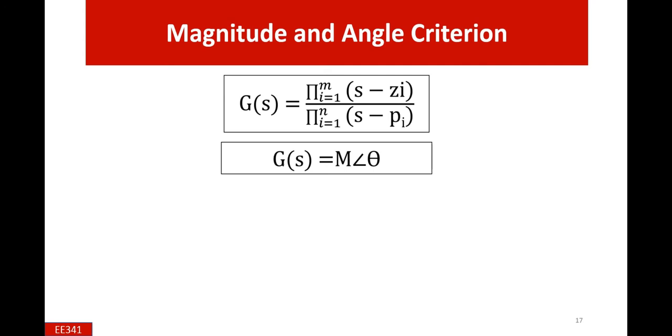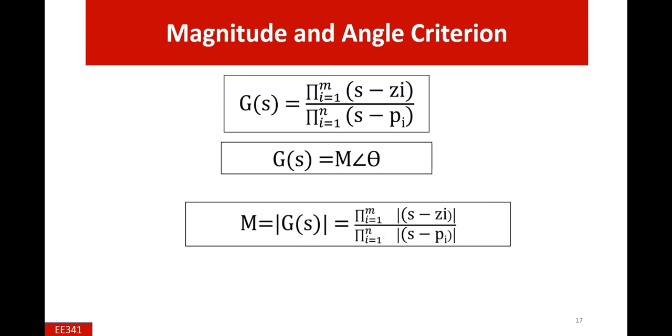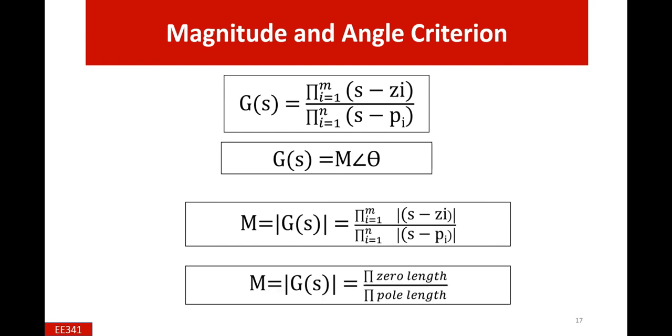If we have this type of function, then we can easily manipulate the whole function in terms of magnitude and phase. The magnitude we can find just by taking the mod values, and these mod values represent the length of the product of the zeros relative to the product of the poles. We can try this type of example, and definitely you will understand.